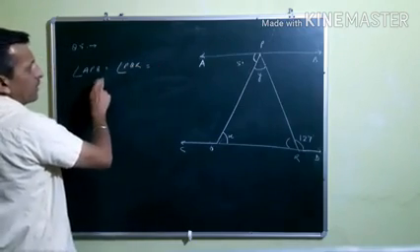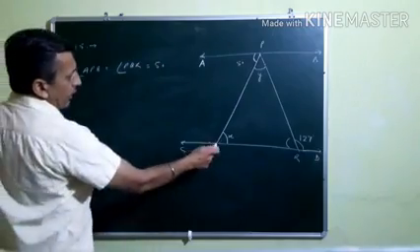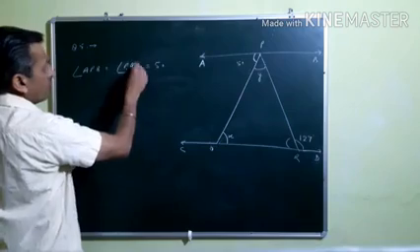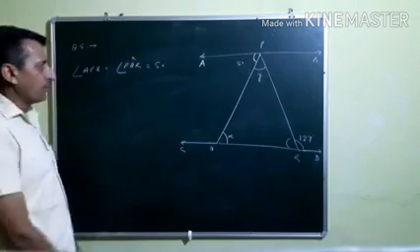So if APQ is equal to 50 degrees, then naturally PQR is equal to X. So X is equal to 50 degrees. That's all. So this was your first part.